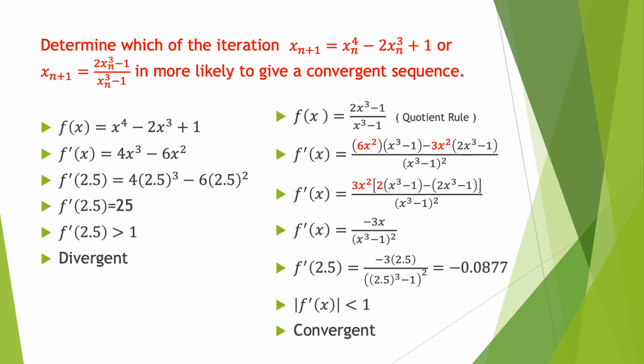Then in the following step, we substitute the x value 2.5 into the first derivative of the second iteration. So we have f'(2.5) = -0.0877. So the modulus of f'(x) is less than 1. So we can conclude that the given iteration is a convergent sequence.